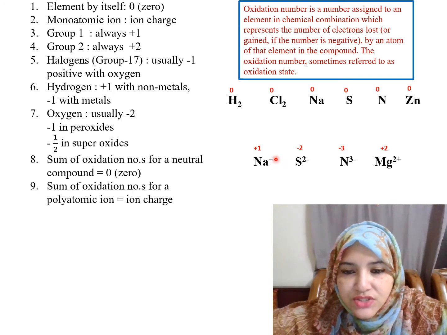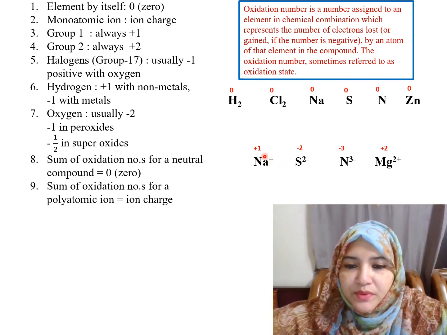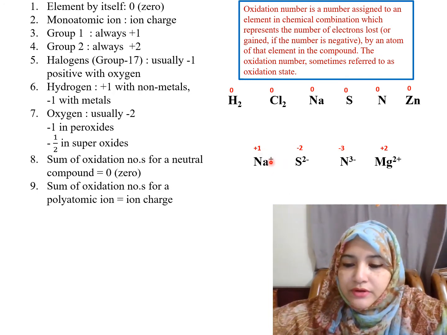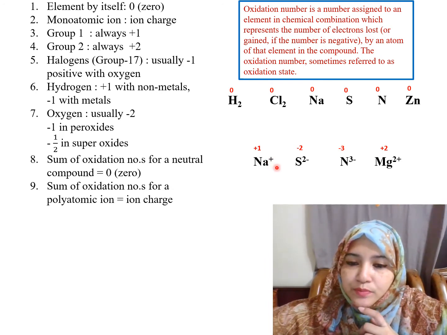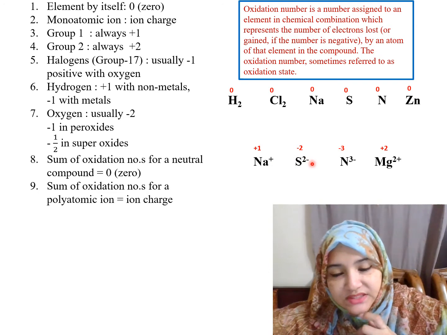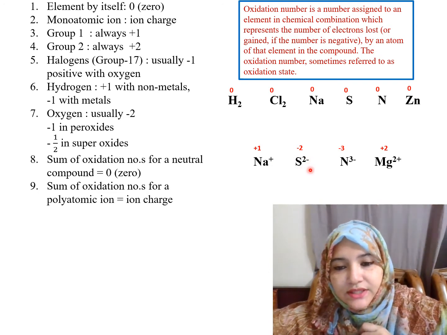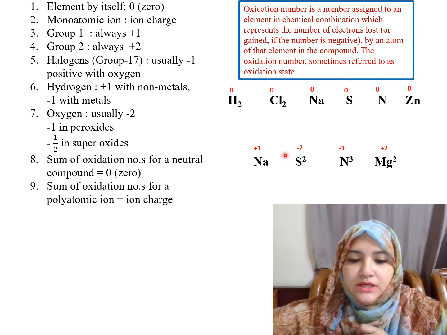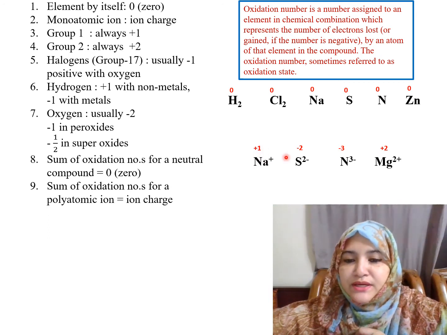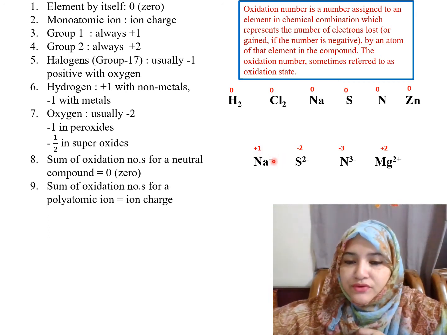Look at these charges, this is completely opposite. To write the ionic charges, we put the number first, then the plus or minus sign after. But for oxidation number, we have to put the plus or minus sign in front of the number.